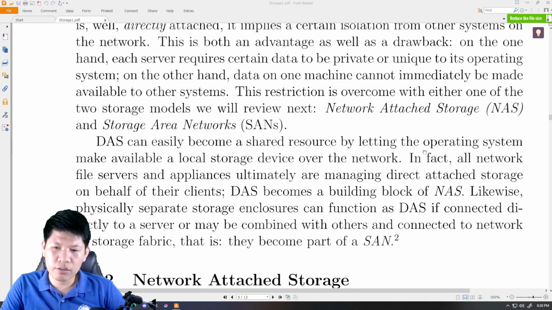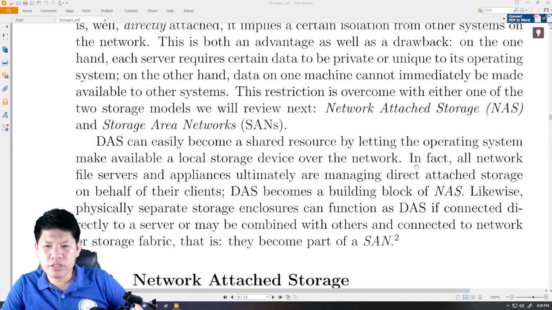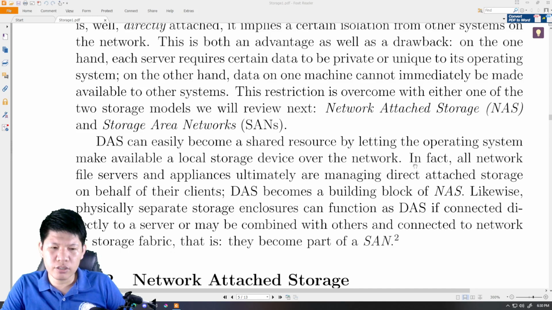From direct, we go to the network. Likewise, physically separate storage enclosures can function as direct attached storage if connected directly to a server, or may be combined with others and connected to the network storage fabric, so they become part of a SAN.